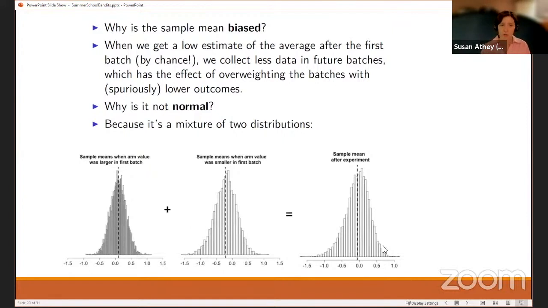So actually, the distribution of sample means at the end of the experiment is a mixture of two distributions, one of which is substantially below zero, and the other one is a little bit above zero. And so you end up with this non-normal distribution, and you can have bad confidence intervals.